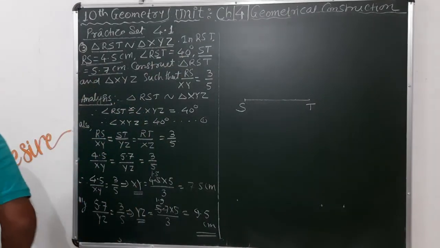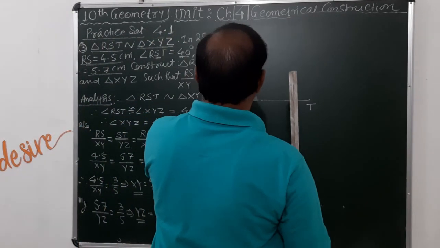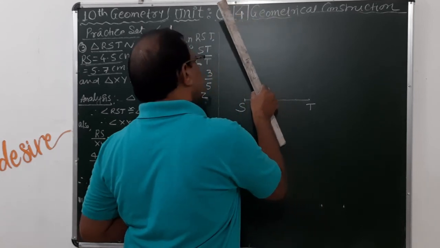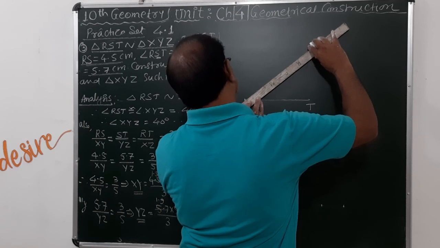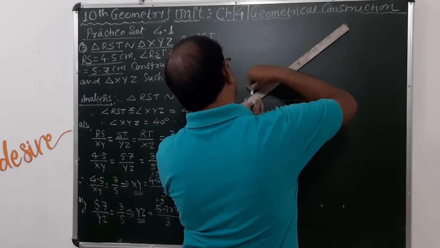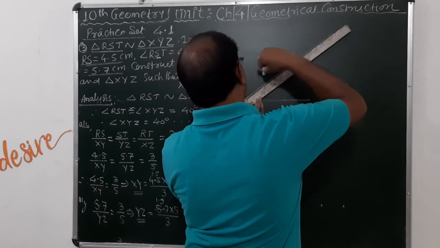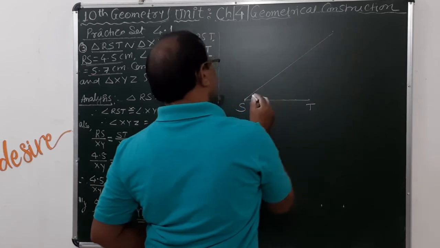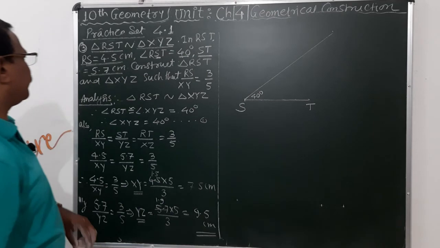So I just take a protractor and mark 40 degree. This is the 40 degree angle here. This angle is nothing but 40 degree.